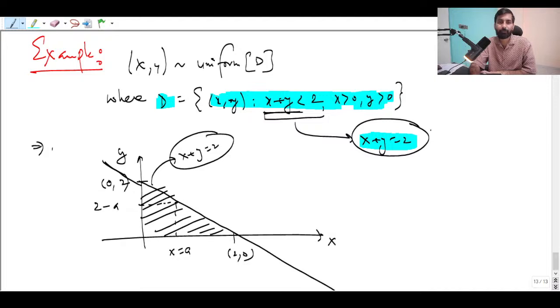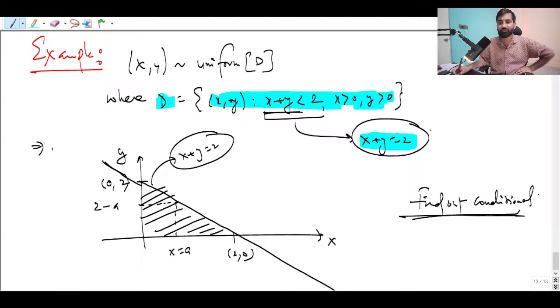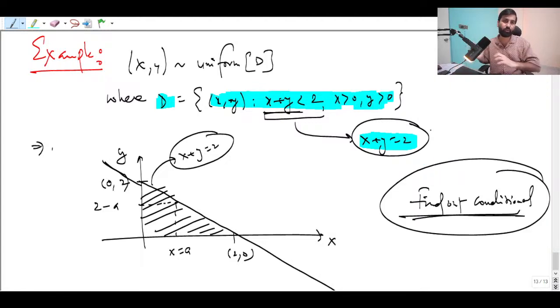Please write all the conditional density functions by yourself. Take x equal to a, fix x, fix y. Your job is to find the conditional density function, like fix x equal to a, fix y equal to b, right?